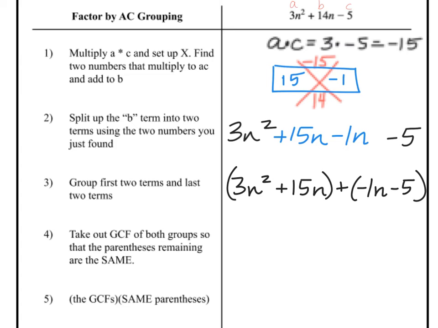So if you take out 3n, then think about what would I multiply by to get 3n squared plus 15n. You took out one n, so there's one left. 3n times what is 15n? 5. So you would have n plus 5.